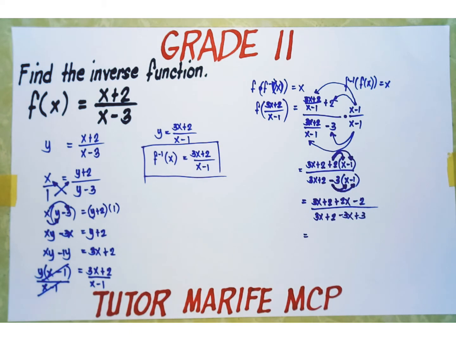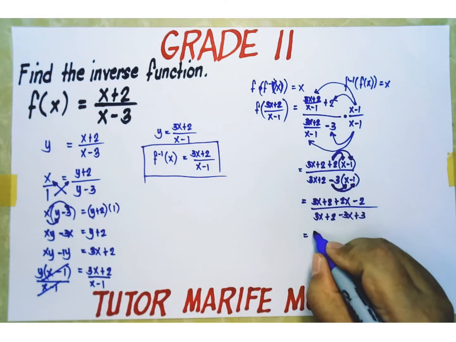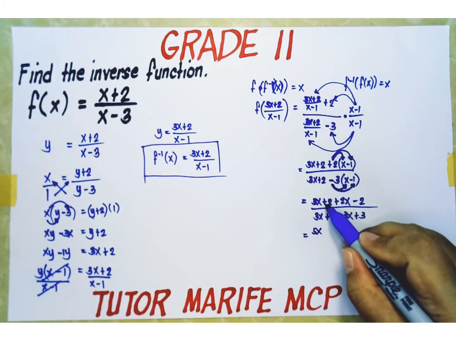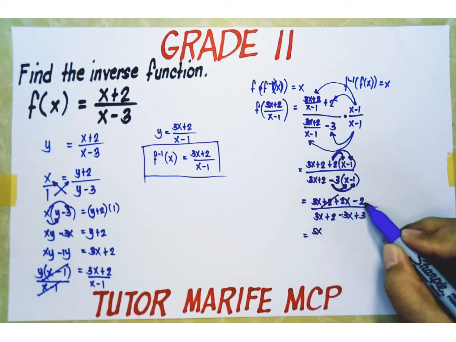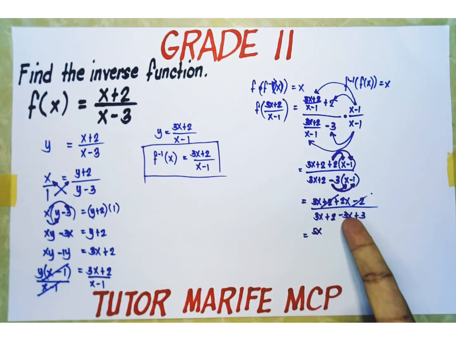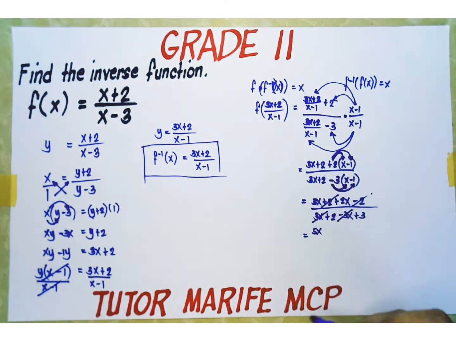And then we further simplify by combining similar terms. 3x plus 2x is 5x. These are opposite numbers, so they cancel out each other. 3x and negative 3x are opposite terms, so they cancel out each other.